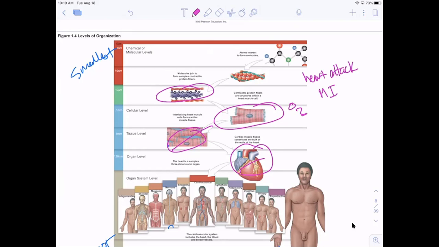Yes, you need to know what the 4 are. And then when you have a combination of these primary tissue types, we call them an organ. And then you have organ systems. There are 11 organ systems we're going to go through, and you need to go through this chart.